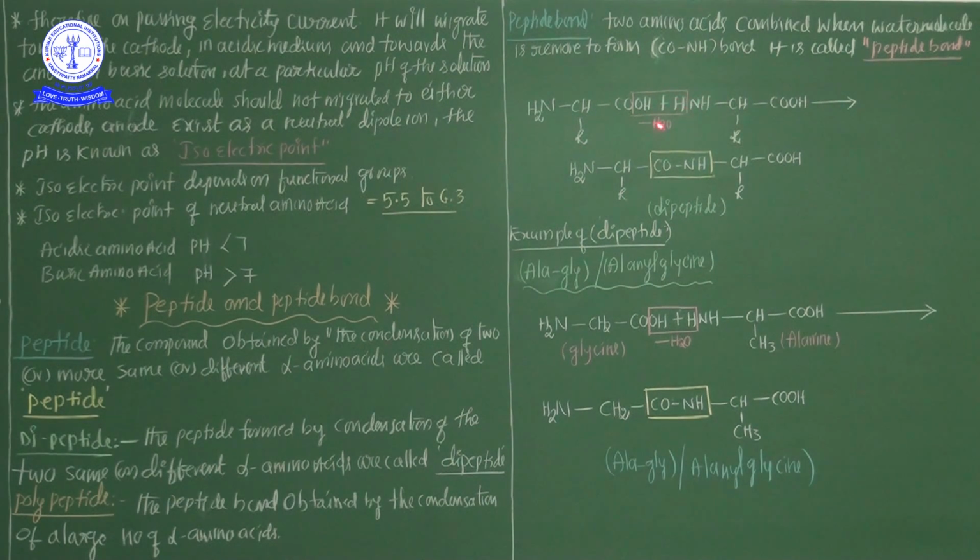Hence a CONH bond is formed. That's why it is a dipeptide: two amino acids are involved in this condensation. This is called a peptide bond.